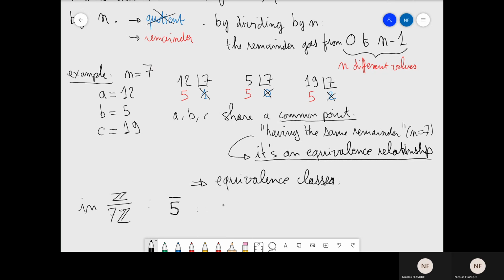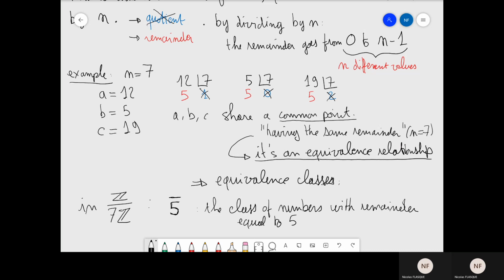It's not a number, actually, it's the class of numbers with remainder equal to 5.